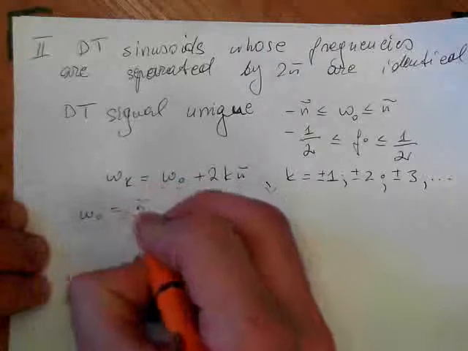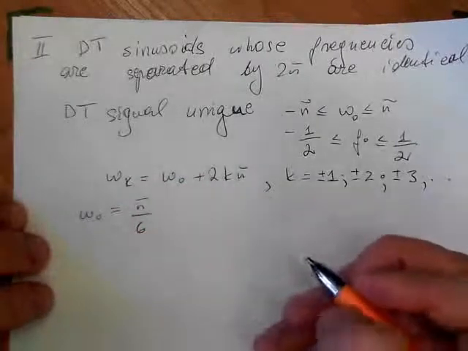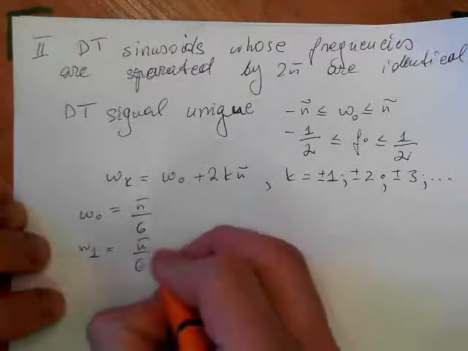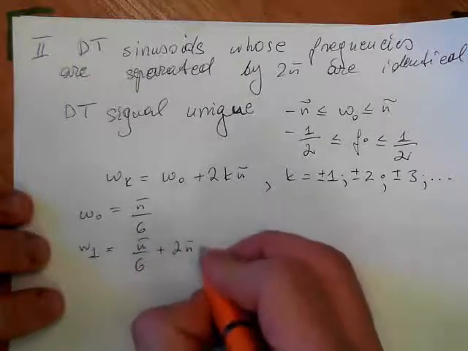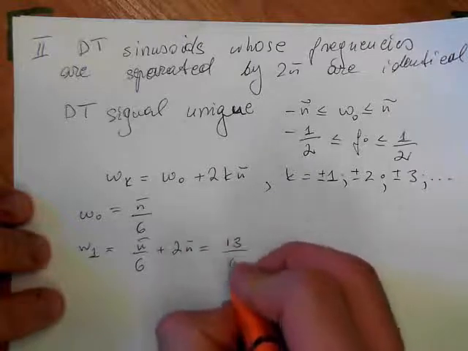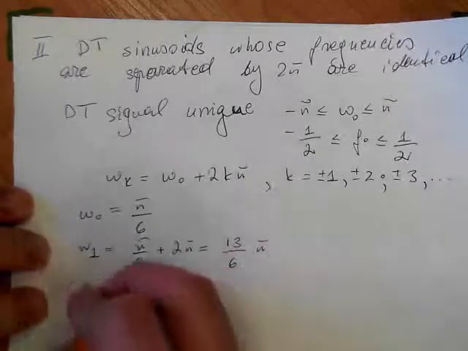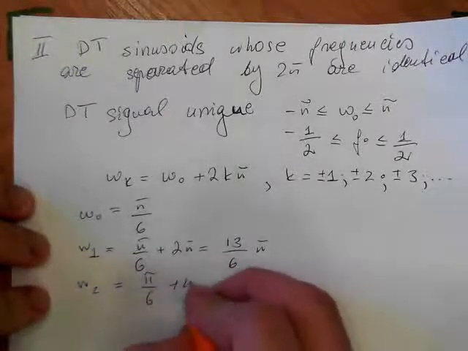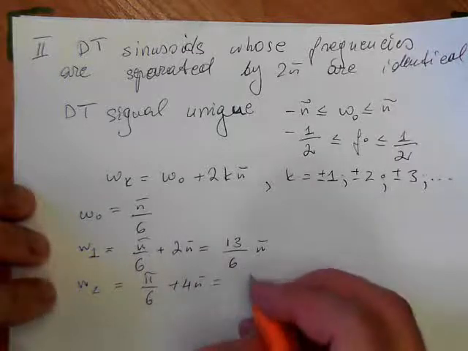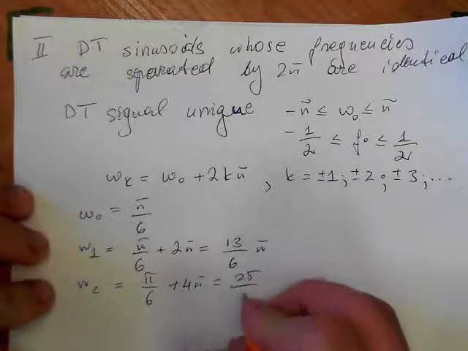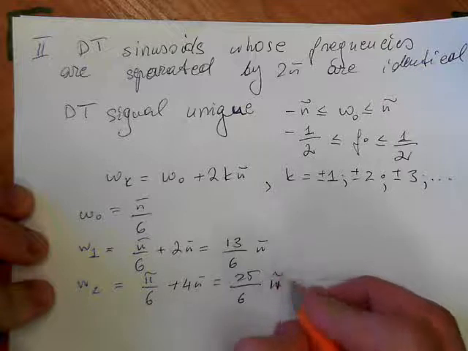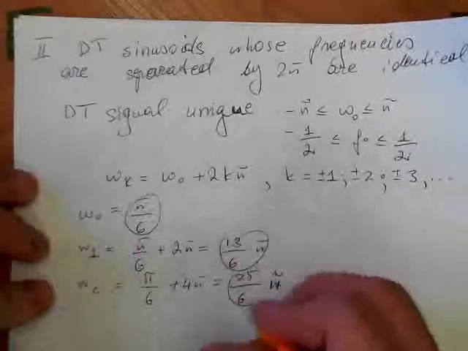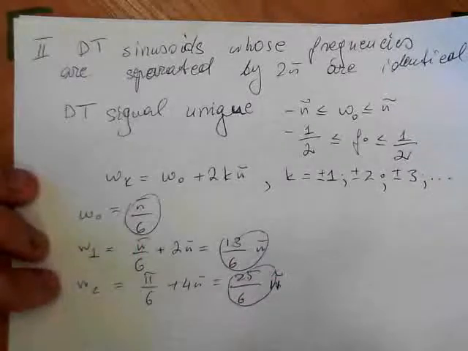Let's say we have ω0 that is π divided by 6. So ω1 will be π divided by 6 plus 2π, which is 13π divided by 6. ω2 will be π divided by 6 plus 4π, so it will be 25π divided by 6. And this is identical to this and is identical to this.